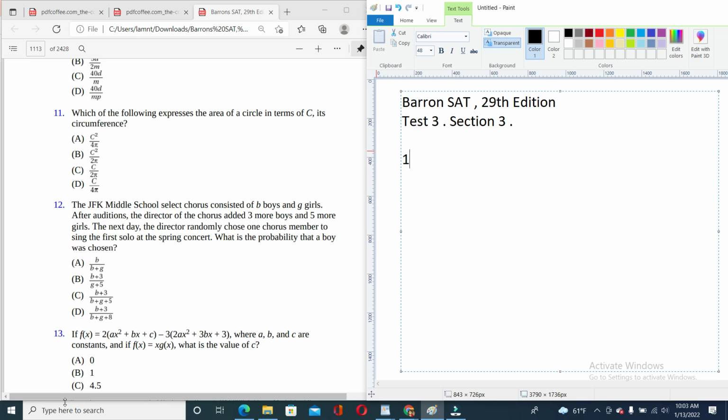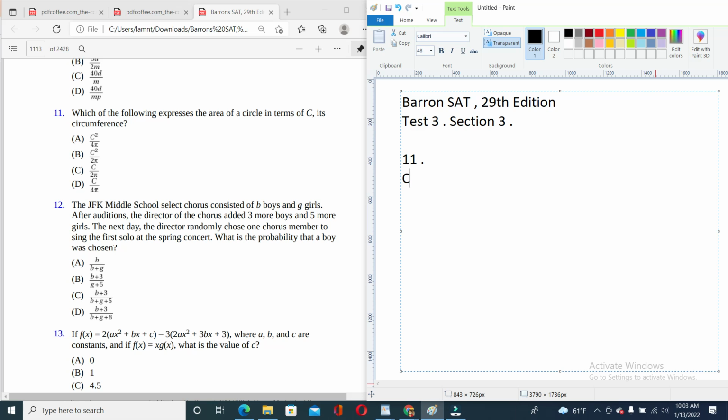Okay, so number 11. They asked about the area of a circle which is expressed in terms of its circumference c.